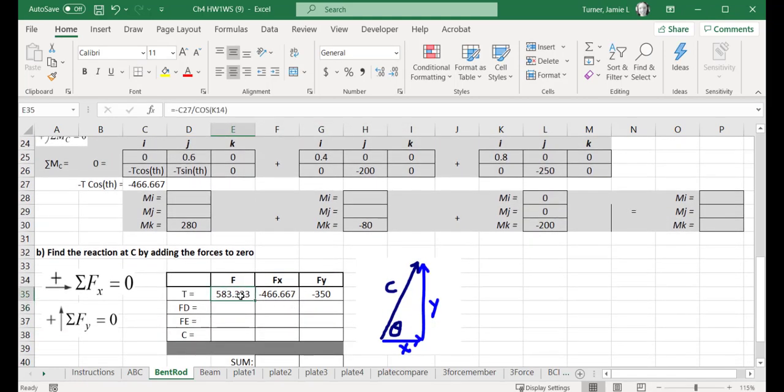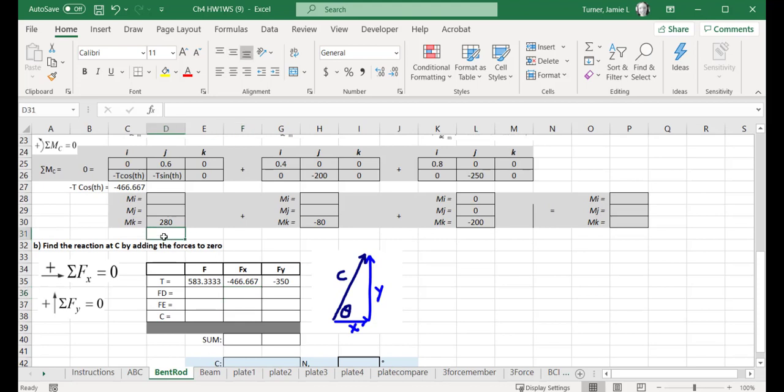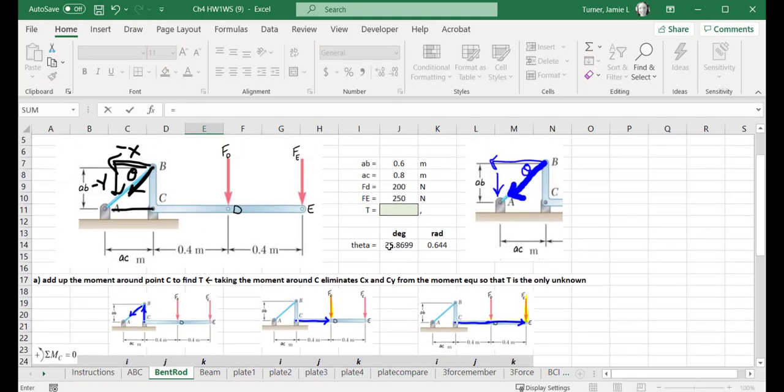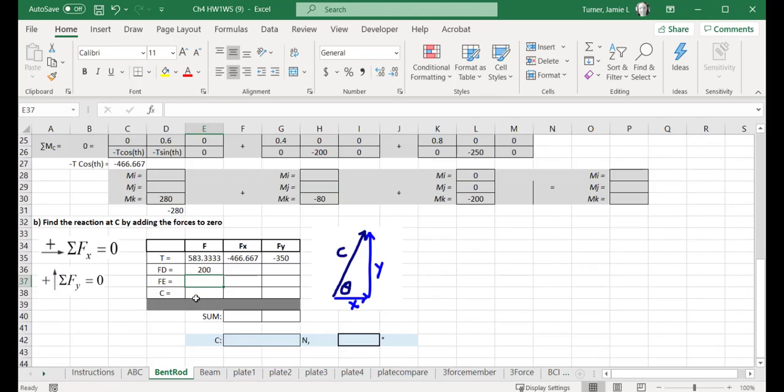Okay, so once I have my tension split into x and y components, we can make sure here that this times this is equal to 280. We've got our 280 in there. For our D force and our E force, that was something that we were given. So we'll pull those, and they were pushing down on it in the negative y direction.